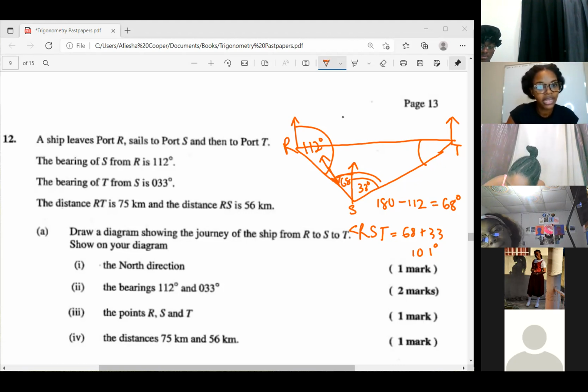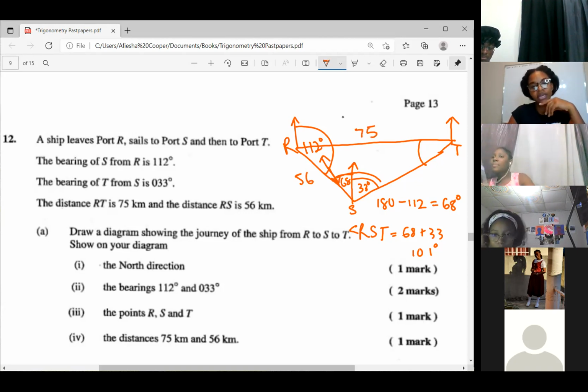RS is 56, here is 75. So we can definitely use the sine rule.